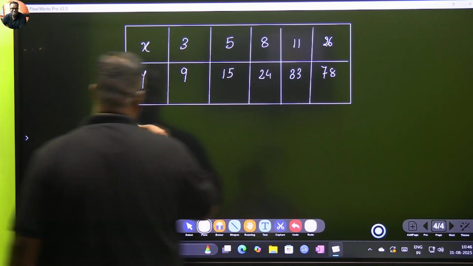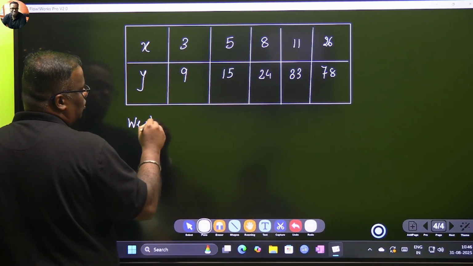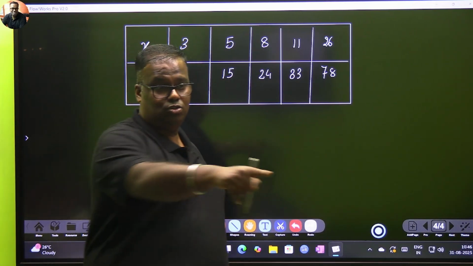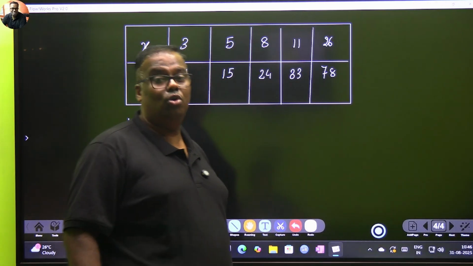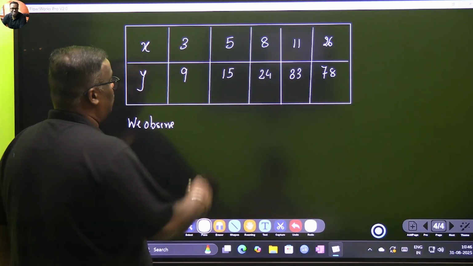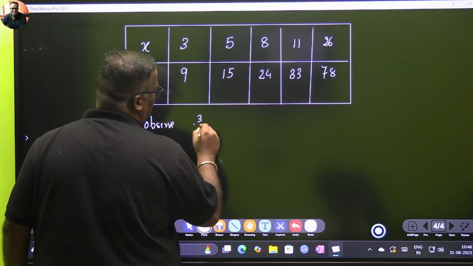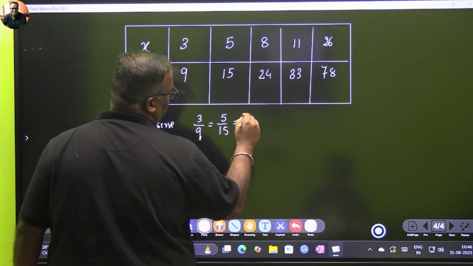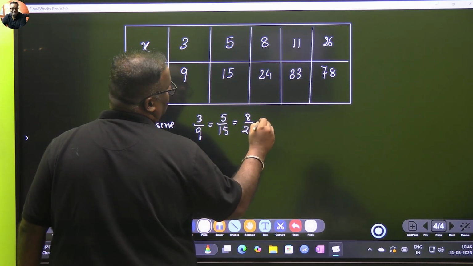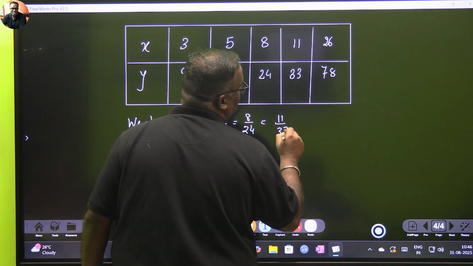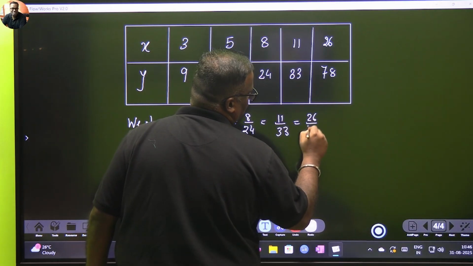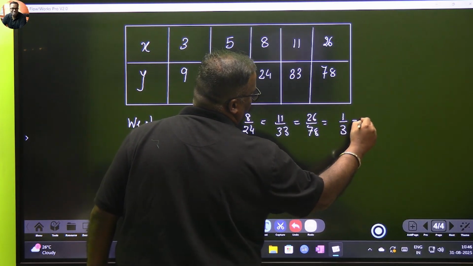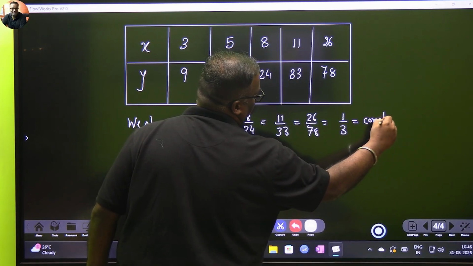So you write here, we observe 3 upon 9 is equal to 5 upon 15 is equal to 8 upon 24 is equal to 11 upon 33 is equal to 26 upon 78 is equal to how much? 1 upon 3, which is constant.